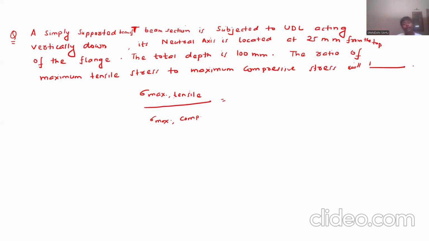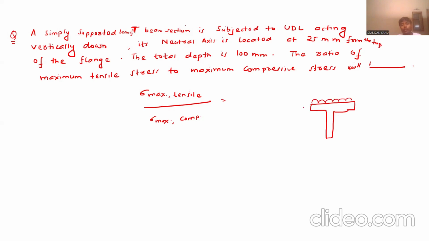Now they are telling the beam is of T shape. So if the beam is of T shape, there should be some neutral axis, and the beam is loaded with UDL. So these are additional things. So let the beam be loaded with UDL like this.